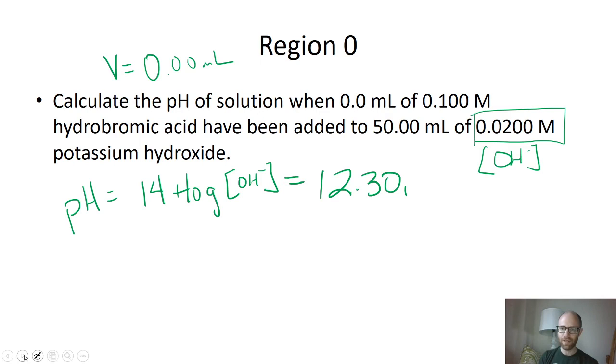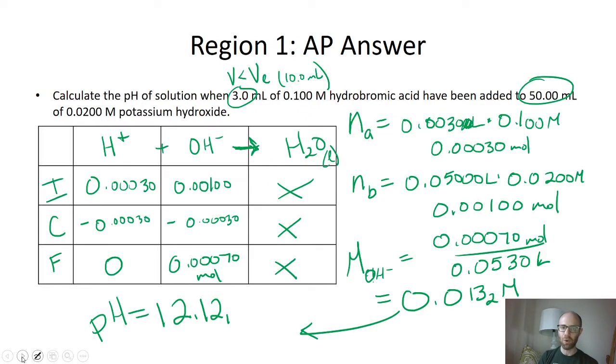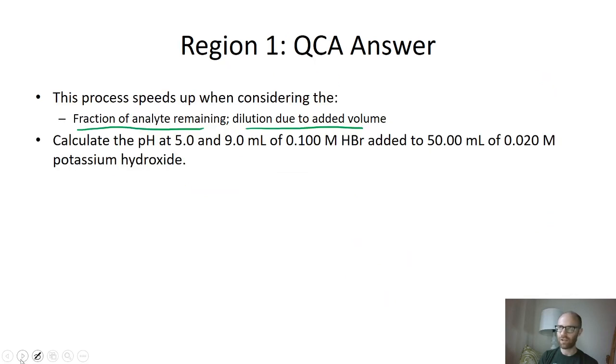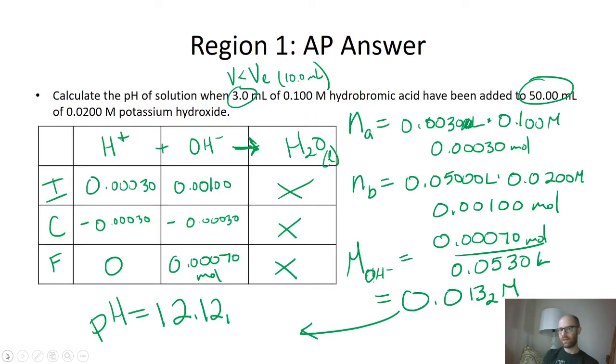It turns out that the mole ratio will actually follow a volume ratio as long as you're only talking about the volume of titrant added. So as long as we're only talking about the acid that we've added, you can consider the amount of base that's left remaining almost a percentage of the equivalence volume.